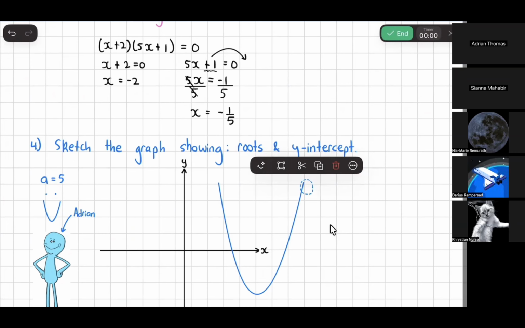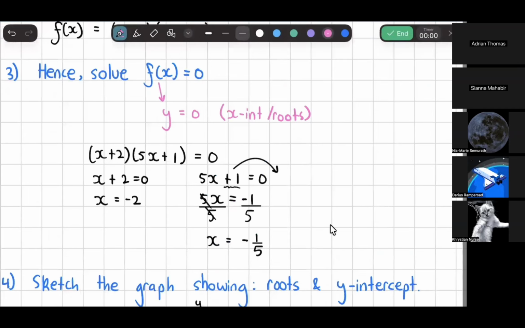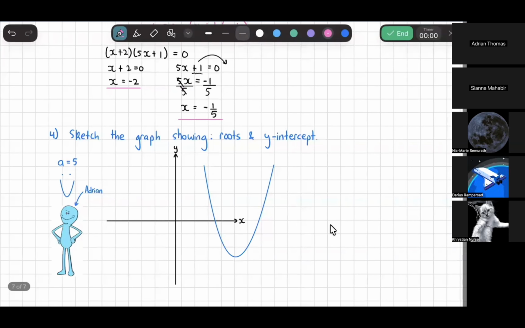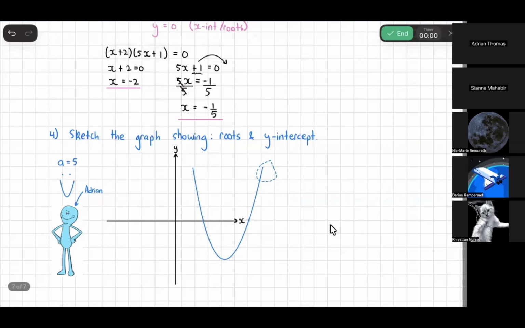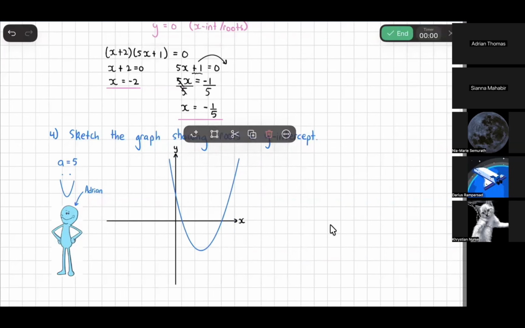Let me look at the roots. What were the roots? -2 and -1/5. By the way, this is the x-axis, right, guys? So, Nia, if I draw my graph here, where is it cutting the x-axis? At positive values or negative values?